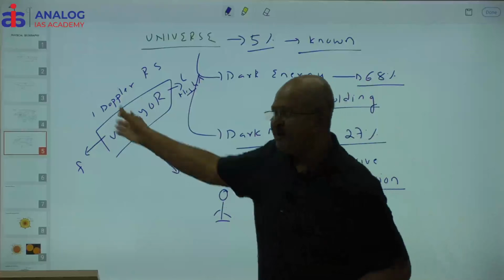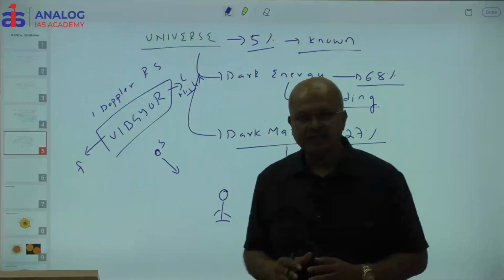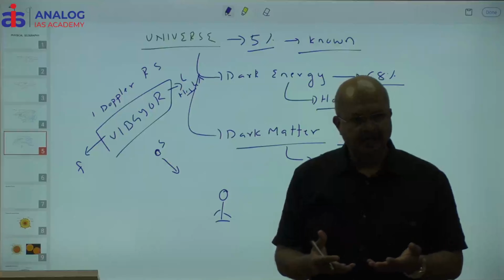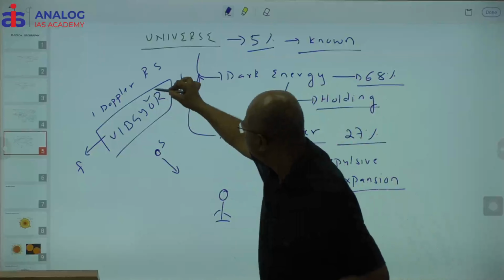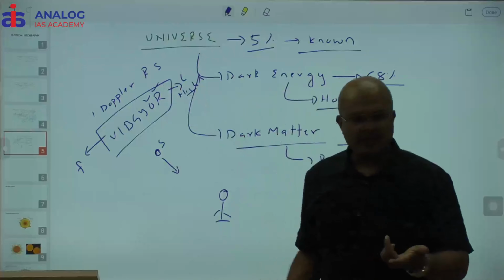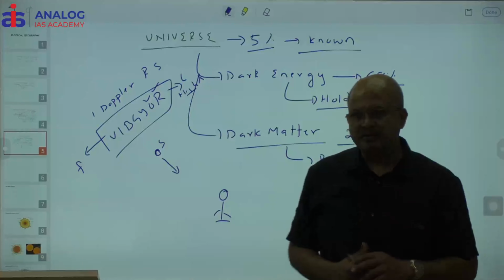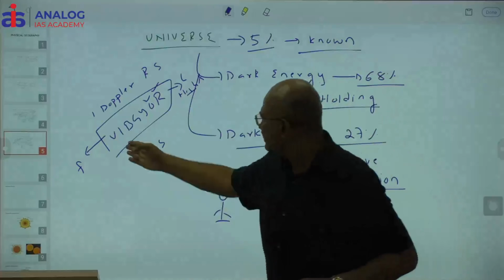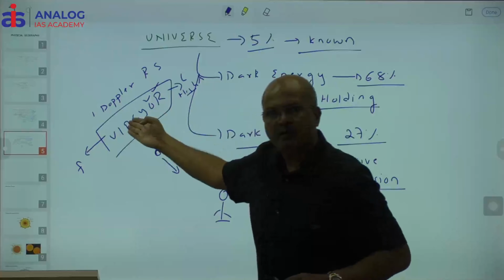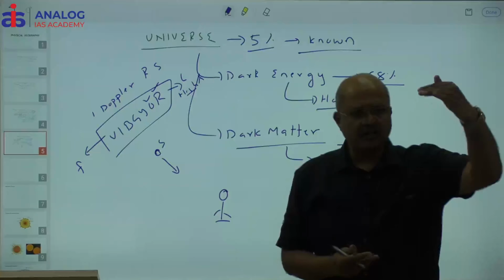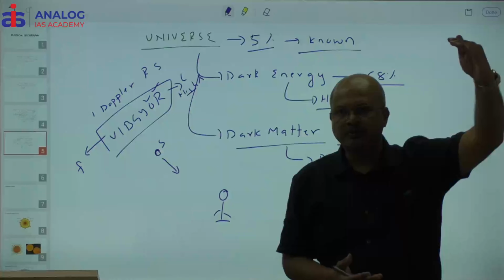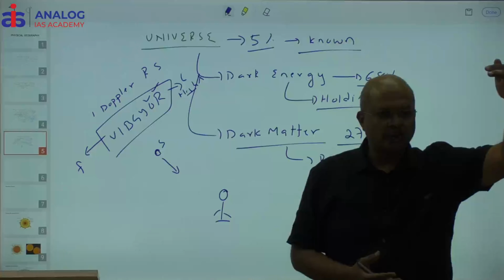If it is moving away from you, then its frequency should decrease. So in that case, this white light should resemble something like orange, red. So when you see the stars, what are the colors of the stars? Are they violet, orange, red, or yellow? Orange. What does it mean? Stars are moving away from you. That is called Doppler redshift.